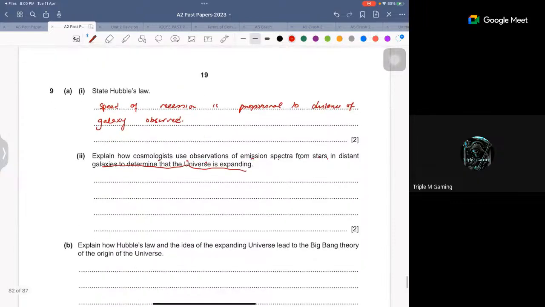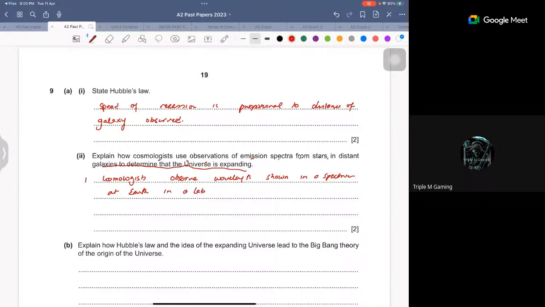So, what you do is, cosmologists observe wavelengths of light shown in a spectrum at Earth in a lab.